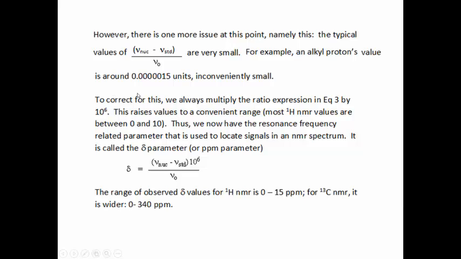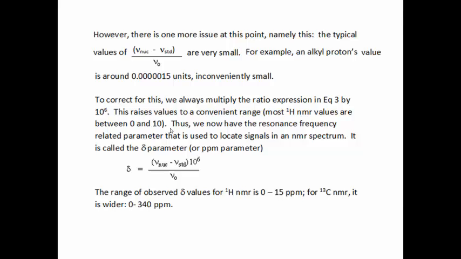To correct this, we always multiply the ratio expression in equation 3 by 10 to the 6th. This will raise values to a convenient range. Most H1 NMR values are between 0 and 10. At this point now, we have a resonance frequency related parameter that can be used to locate signals in an NMR spectrum.